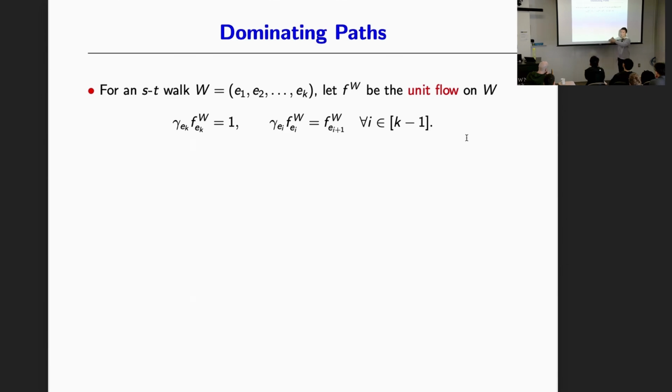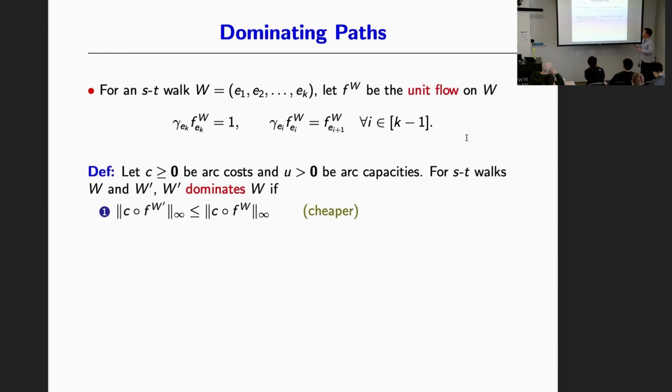And then you can work your way backwards, on all the intermediate nodes, net flow of 0 should be preserved. Of course, I'm cheating a little bit here because you could reuse arcs, so this is not really the actual formula. But between friends, let's assume this walk doesn't reuse arcs. Then the unit flow is just given by this formula.